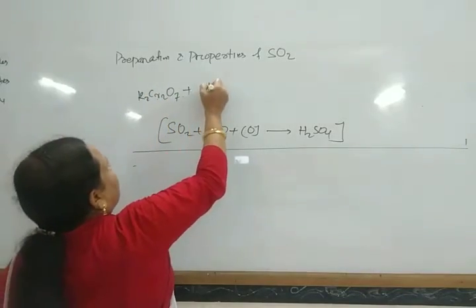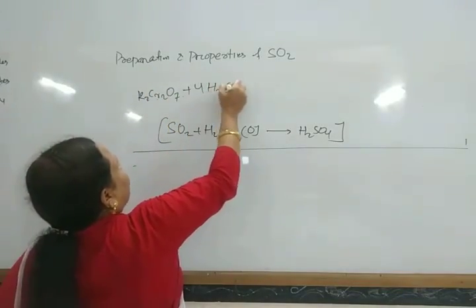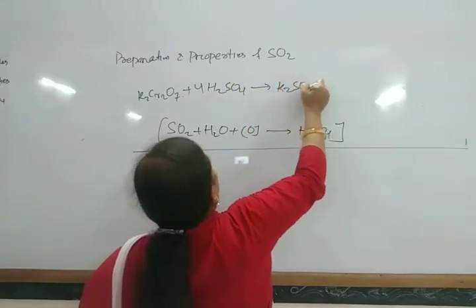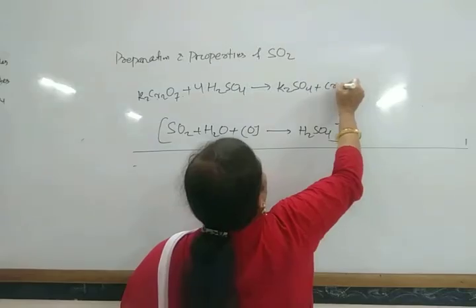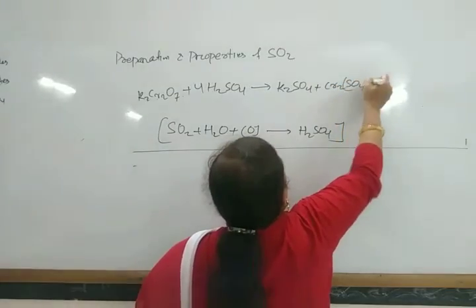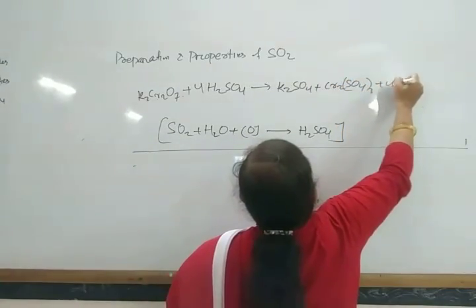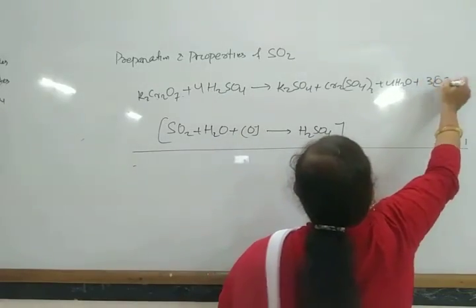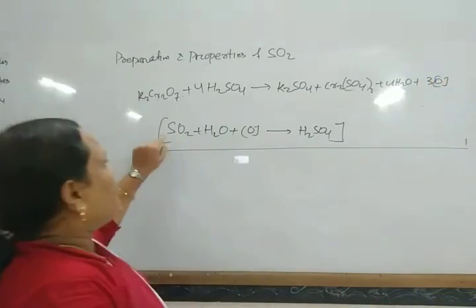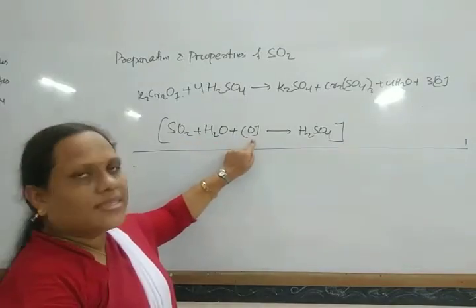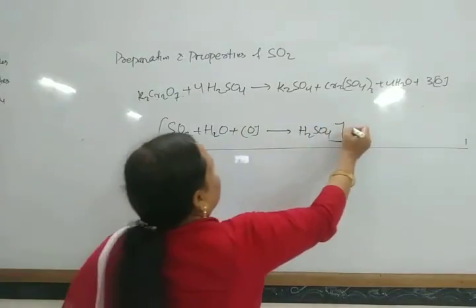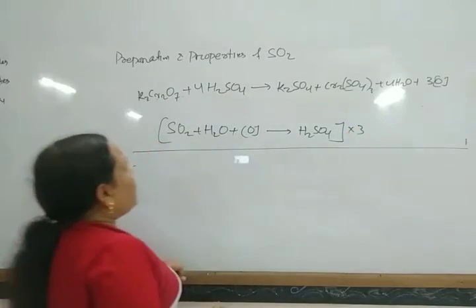K2Cr2O7 plus H2SO4 give rise to potassium sulfate, chromium sulfate, water plus 3 oxygen. And here SO2 plus H2O plus oxygen gives H2SO4. So this equation should be multiplied by 3.